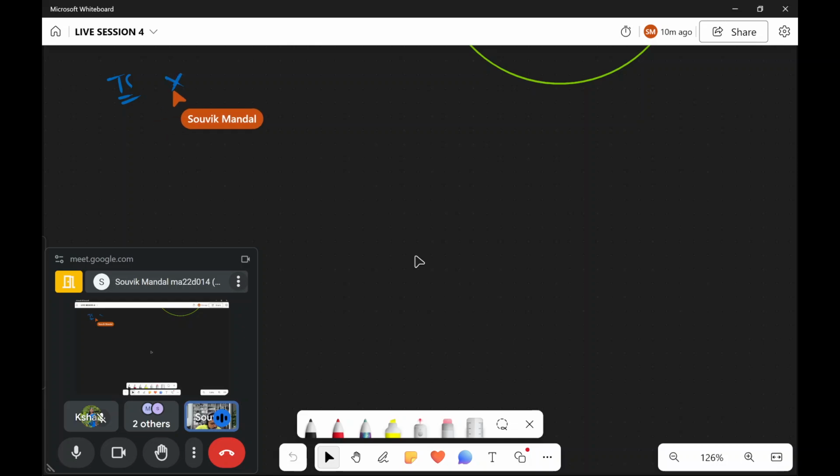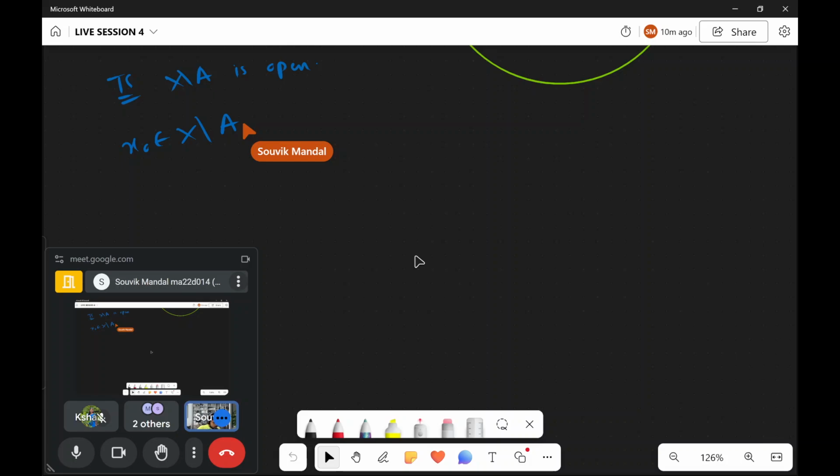We need to show that X minus A is open. This is what we need to show, correct? So we choose a point x naught outside A. That is, we are assuming that there is at least one such point.